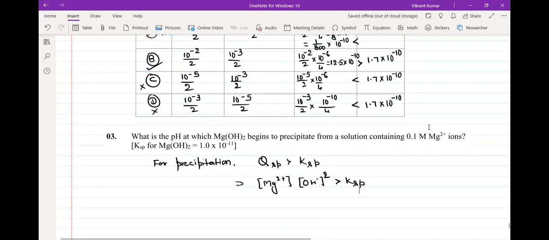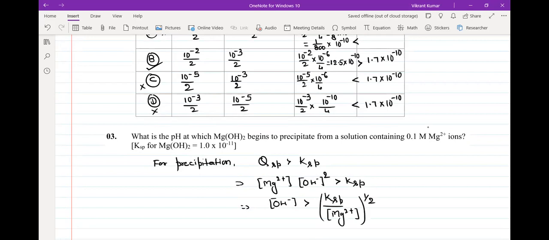And that's why the situation for OH minus must be like it should be greater than KSP upon Mg2 plus, raised to 1 by 2. Oh, sorry, not this one. हाँ, ठीक है? Is it okay?